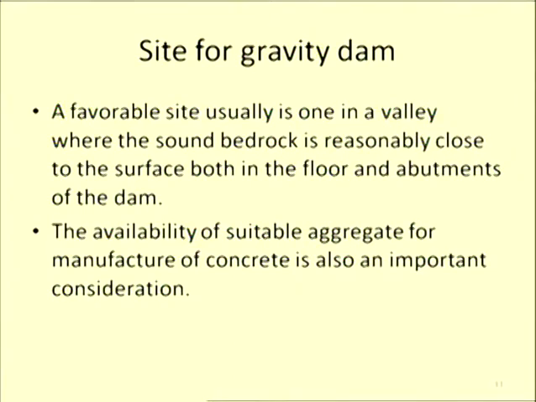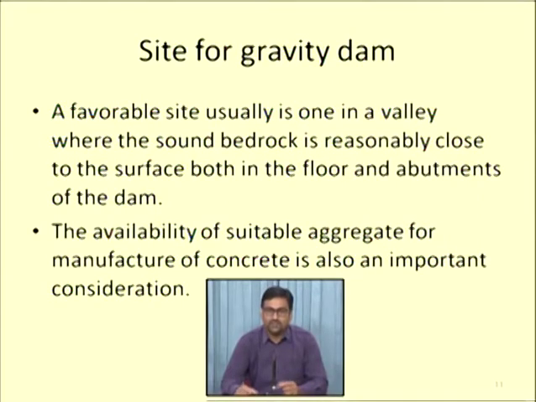Where these gravity dams should be constructed is what is generally called site selection in dam engineering. A channel could be 100 kilometers long, 200 kilometers long. Many times big rivers are 500 to 1000 kilometers long, like the Narmada, Tapi, and Ganga.